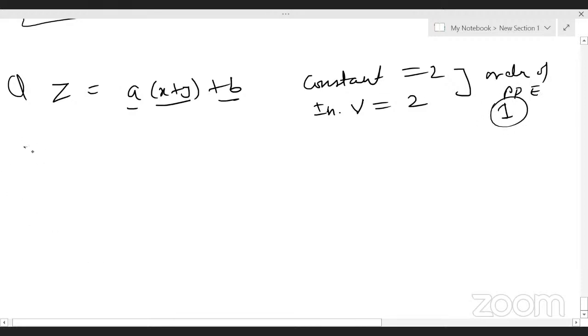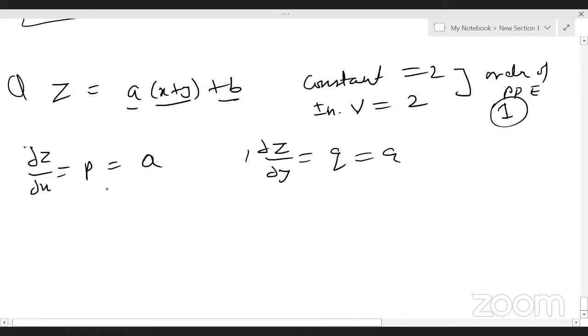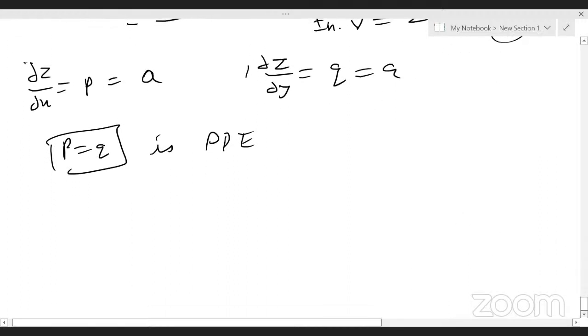So let's differentiate with respect to X. So del Z by del X, which is called P, is equal to A. And if I differentiate with respect to Y, del Z by del Y, which is Q, is also A. From this, I can say P is equal to Q is the differential equation, the PDE. One of the easiest questions. But this kind of question doesn't usually come in the exam. These simple questions will never come in the exam.